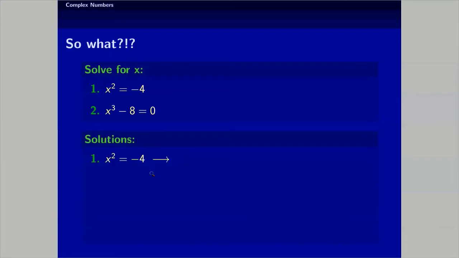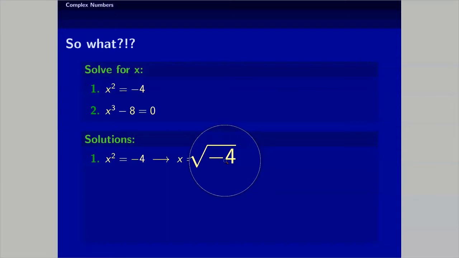Okay, so how do we solve number 1? It's x squared equals -4. How do you solve for x? So x is equal to plus or minus the square root of -4, right? And we know that -4 is equal to 4 times -1.